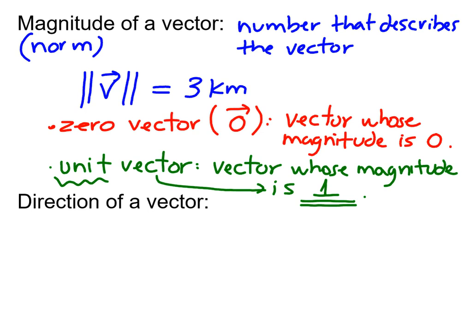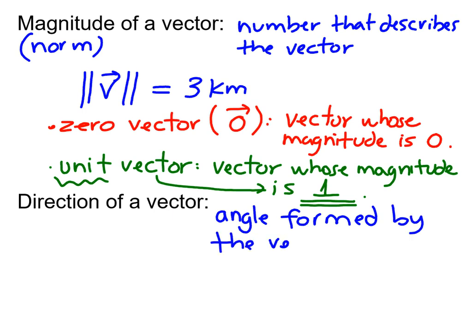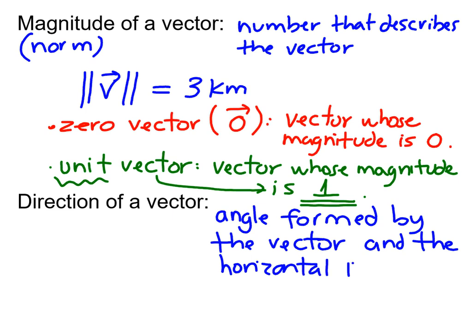After the length of your vector, you're going to need to think about the direction of your vector. So the direction of your vector is the angle formed by the vector and the horizontal line passing through its tail.